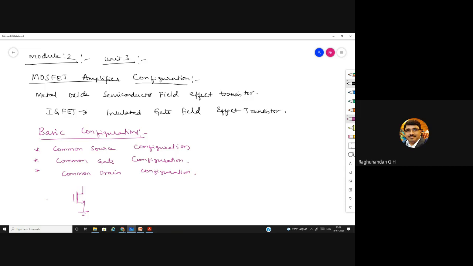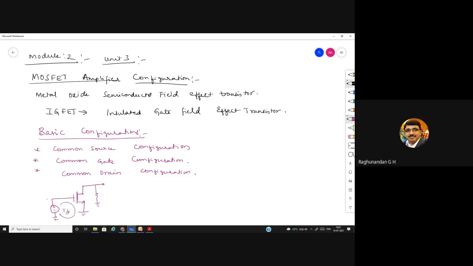So here we are going to connect like this. This is where we take the output, and you can see that this is the input loop.